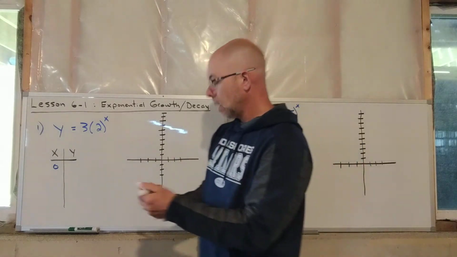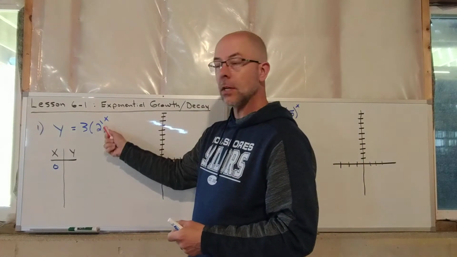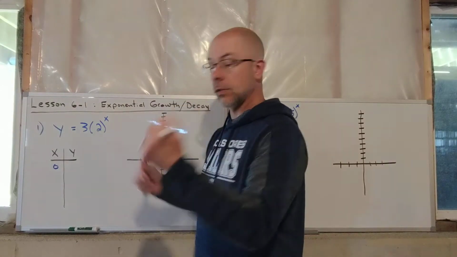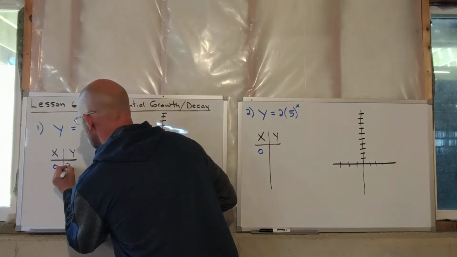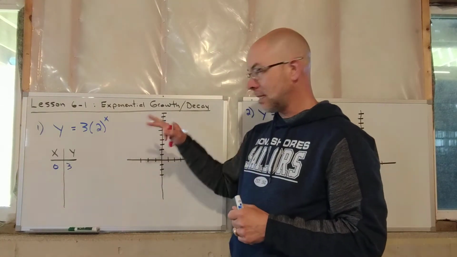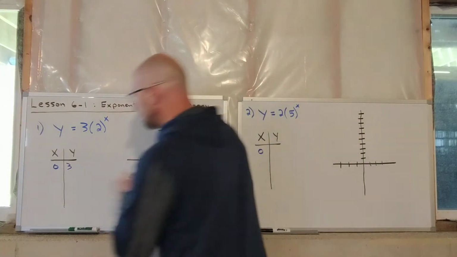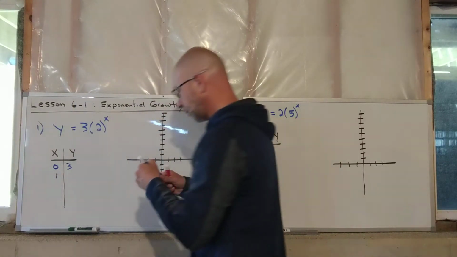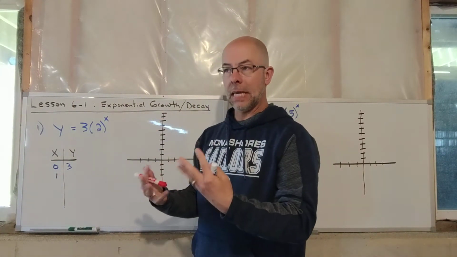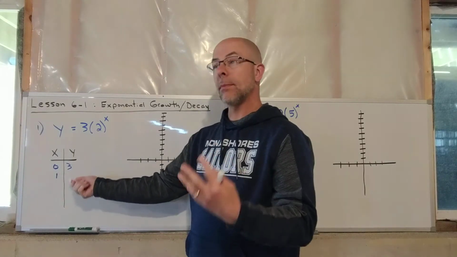Okay, so here we go. If we put the 0 in, 2 to the 0 power is 1. 3 times 1 is 3. So in a minute, the first point we put on this graph will be 0, 3. We'll go to 1 next. Now remember, right now as you see this, we're getting numbers that are big. Well, 3, this next number is going to be bigger.